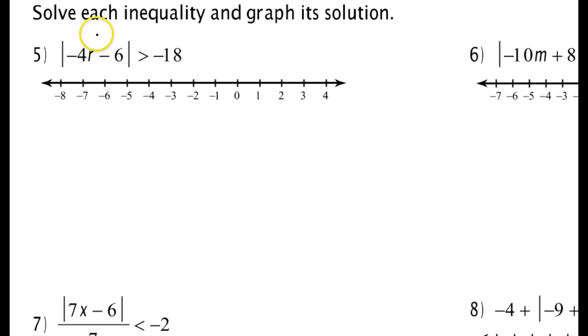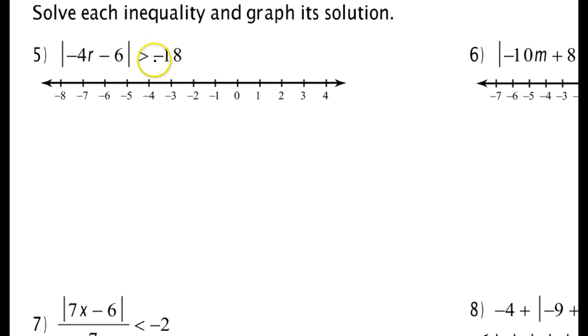So what numbers can we plug in here, take the absolute value, and get a number bigger than negative 18? Think about that for a second. When you plug in a number in here, is it bigger than negative 18? Yeah, I think you're right.